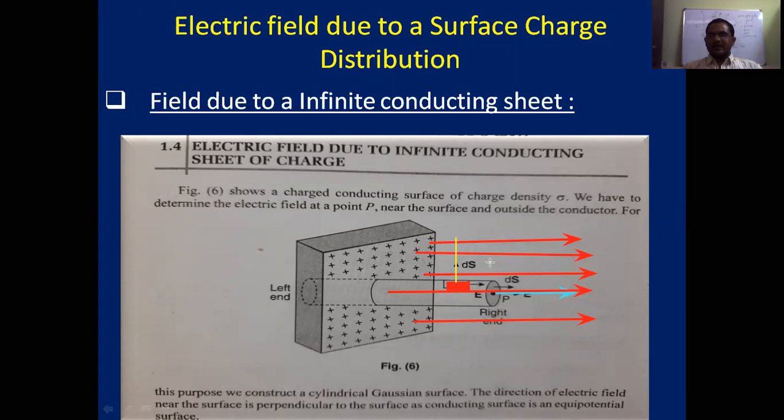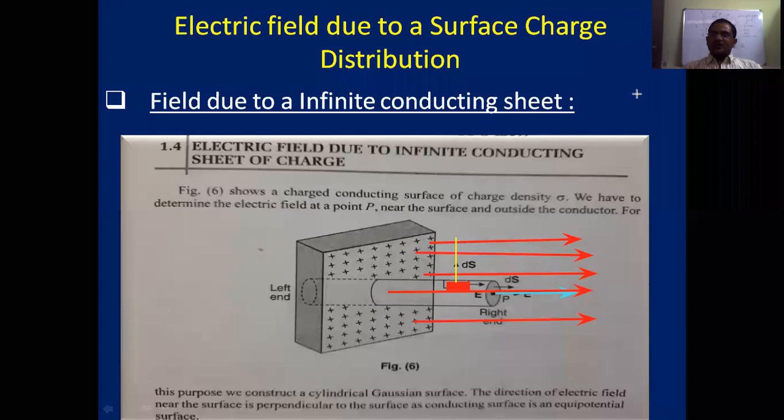E ds cos 90. How much is that value? 0. Flux through small area element E bar dot ds bar equal to 0. Therefore no lines of force will move in this direction or in this direction, or perpendicular to this curved surface in any direction. Only the flux through this small circular area element, that is the right end cap, contributes the net flux in this case.